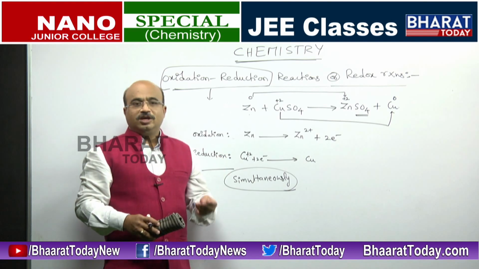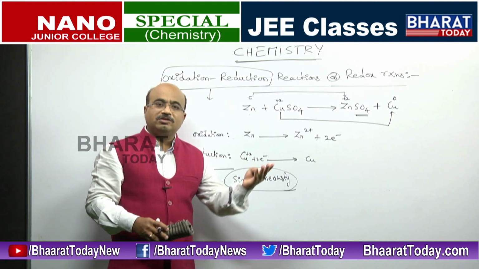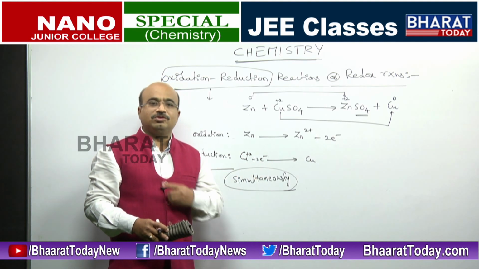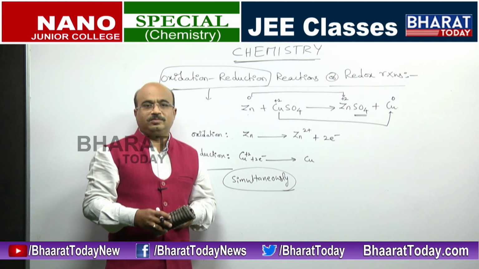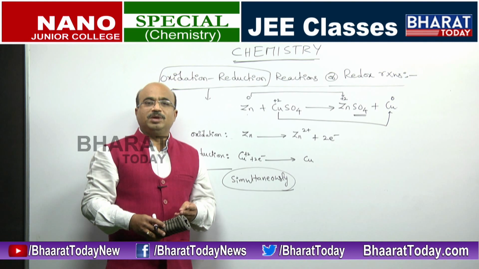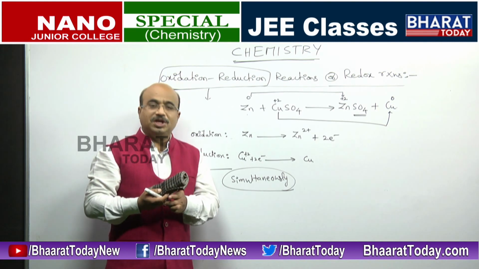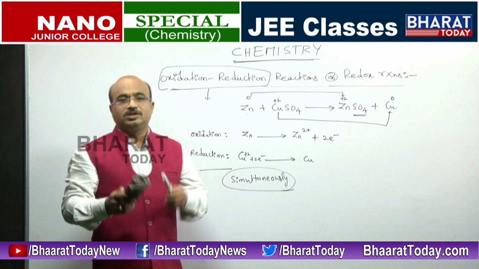We will see even in a carbon and oxygen reaction, carbon is oxidized and oxygen is reduced, because oxygen was taking electrons from carbon. Clear? So these are the basic definitions, the introduction of reduction and oxidation reactions.